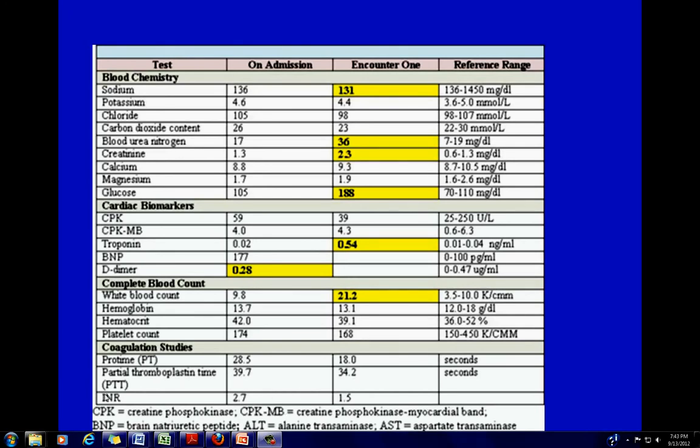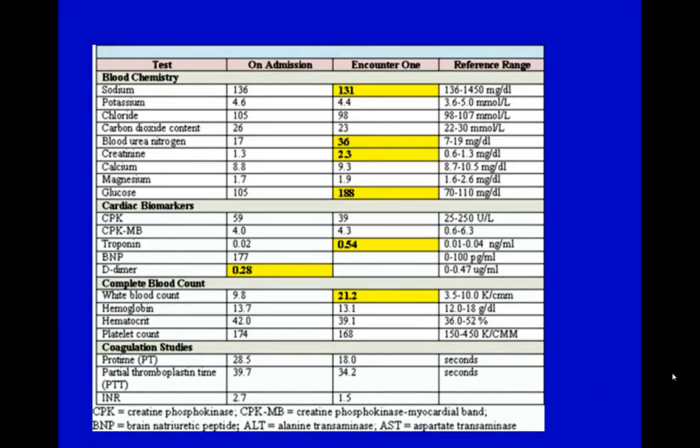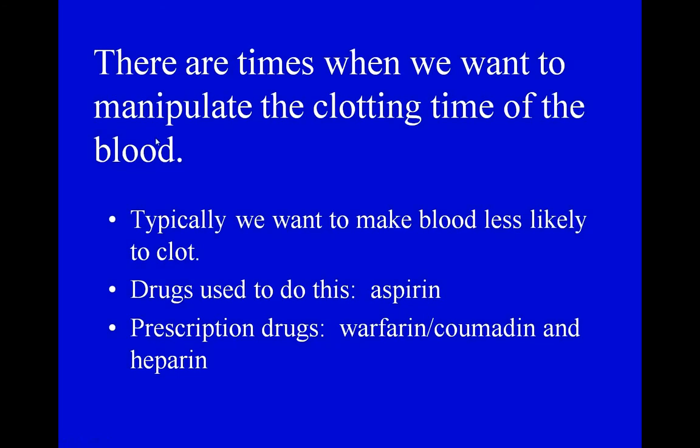Now I'm going to teach you a little test. There are times when we want to manipulate the clotting time of the blood. So typically, the way we'd be manipulating that is making the blood less likely to clot. We want to make that blood slipperier. We said the correct term is slippery instead of thinner. We want to make the blood less likely to clot.